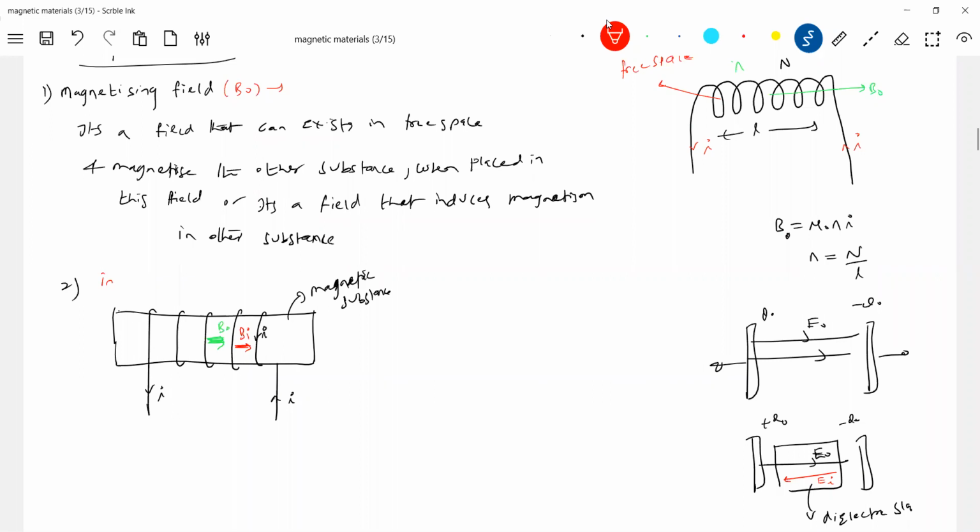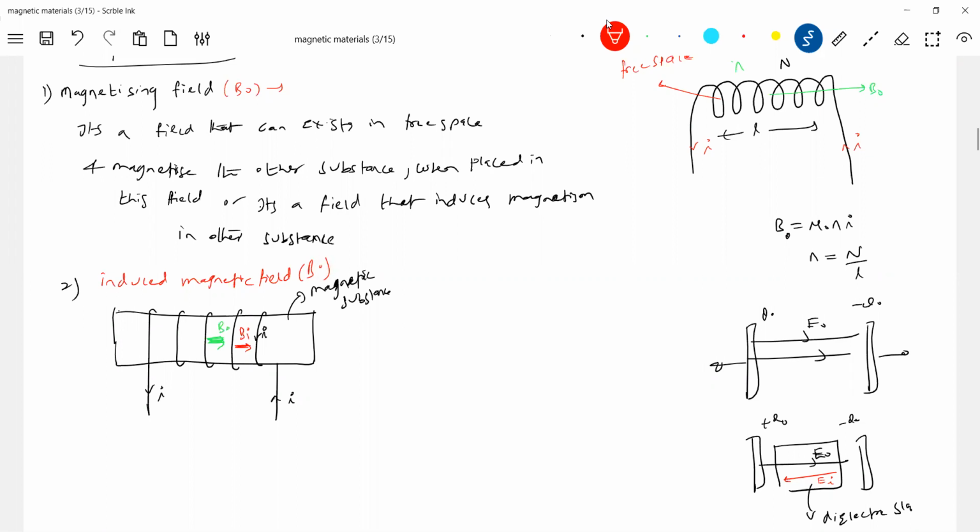The symbol will be B I, or if you want to write it as, okay, let me take this one only. In the books, they write B M for the induced magnetic field, and B naught for the other.